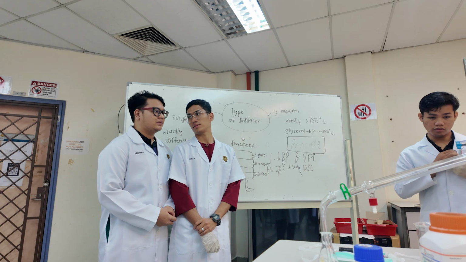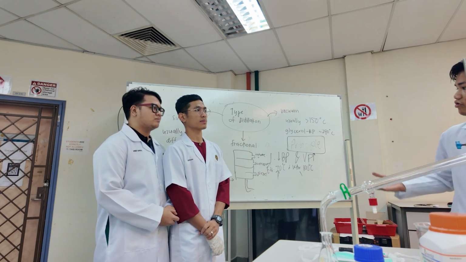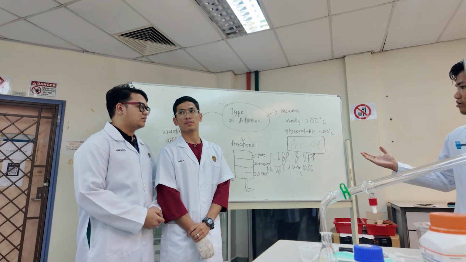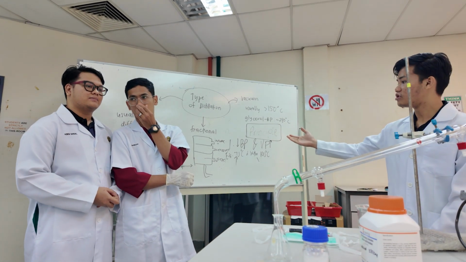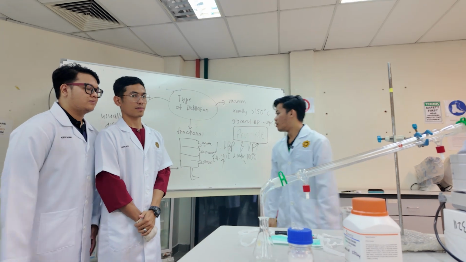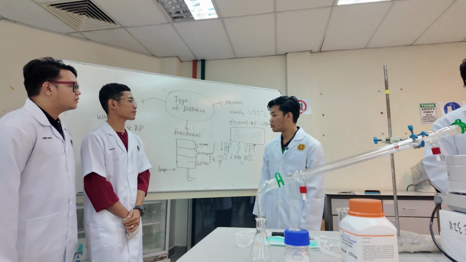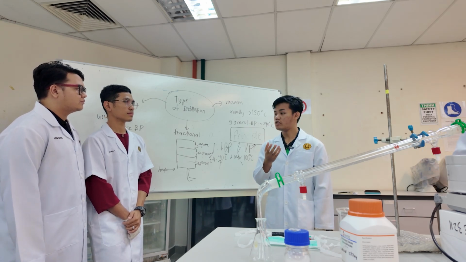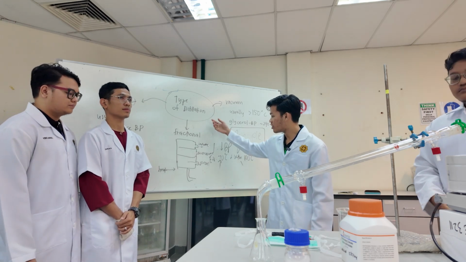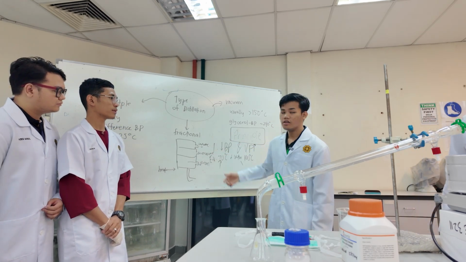Okay, then we go to the application part. Like you guys see in the front, that is simple, vacuum, and fractional. I want to focus on the fractional, which is usually used by the petroleum industry, which refines petroleum to get various products like butane, kerosene, and diesel.